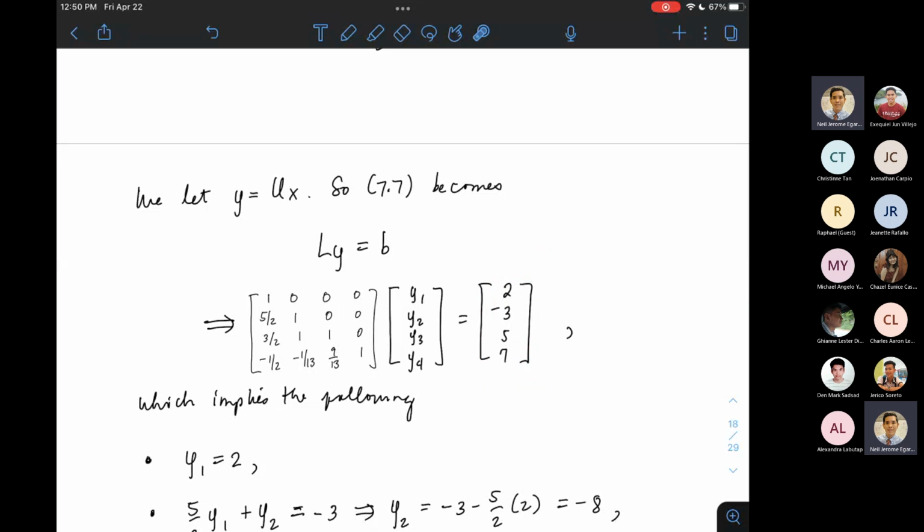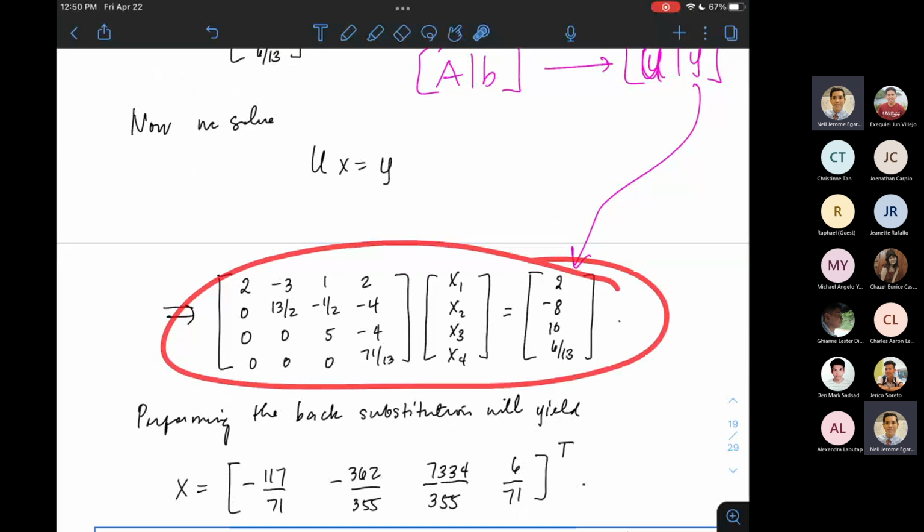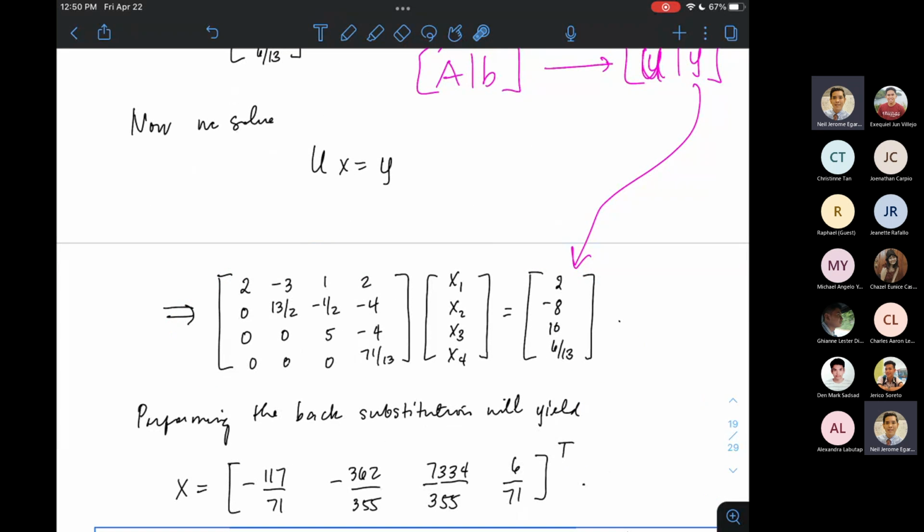Pag meron ka nakuha na B, alam mo na to, forward substitution para makuha yung mga y1s, which is actually what you would have gotten in the augmented part of the Gaussian elimination, pero ayaw mo ang paulit-ulit gawin yung Gaussian elimination. So forward substitution will give you what the vector y is, tapos mag-back substitution ka na lang para ma-solve si x.